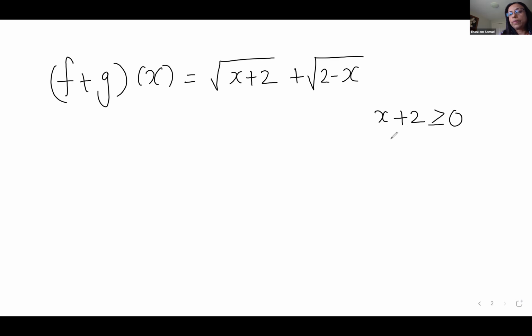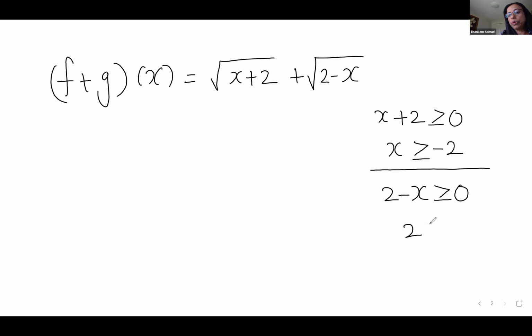So when we solve this inequality, we have to subtract 2 from each side. So x is greater than or equal to negative 2. Now consider the next function, square root of 2 minus x. Again, the rule is the radicand should be greater than or equal to 0.